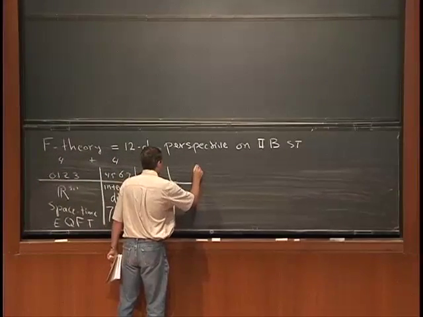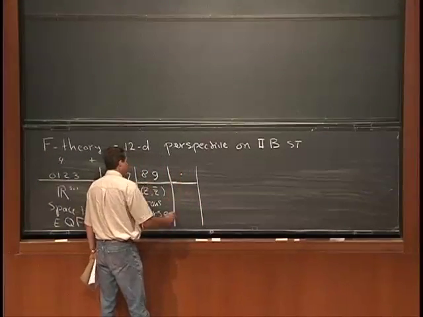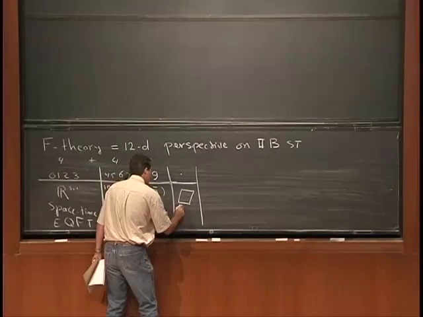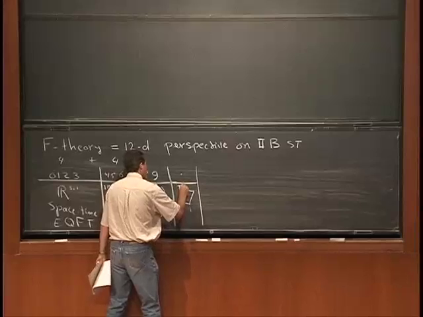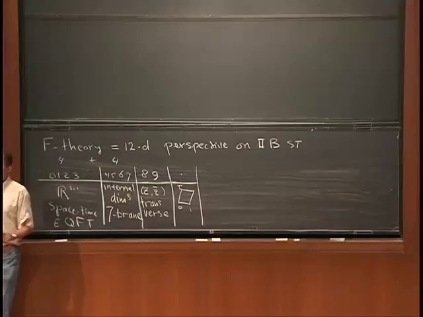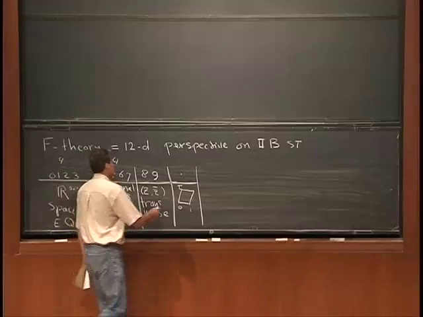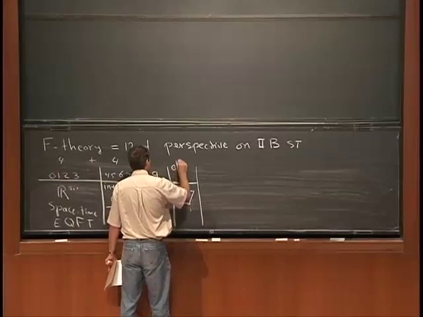And the last 2 dimensions, maybe I will not even give them a name. They represent a torus of a shape parameterized by tau. This is called the elliptic fiber.